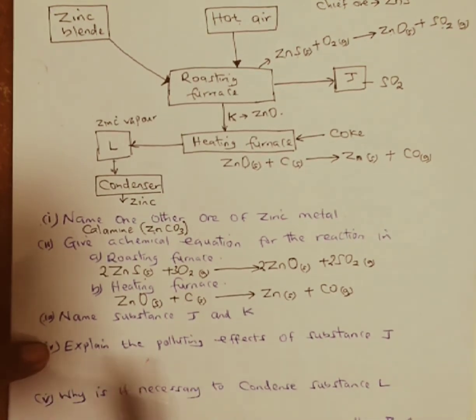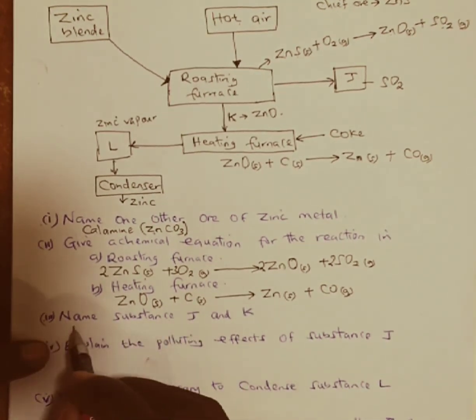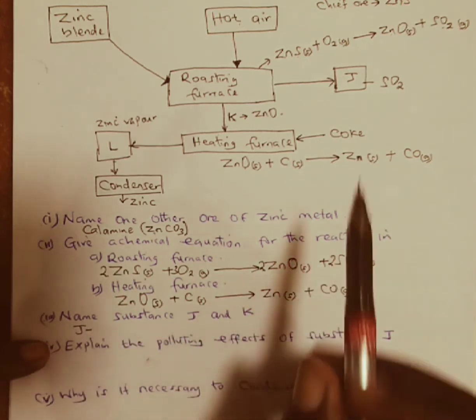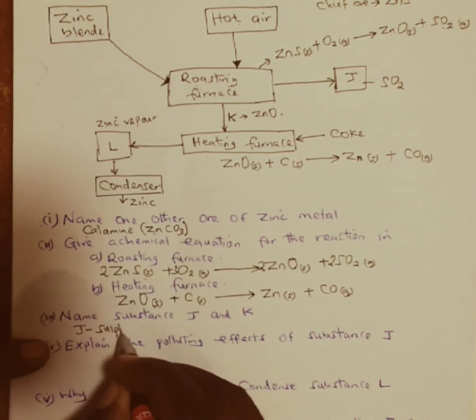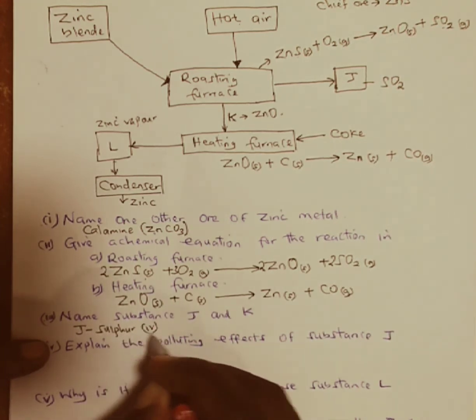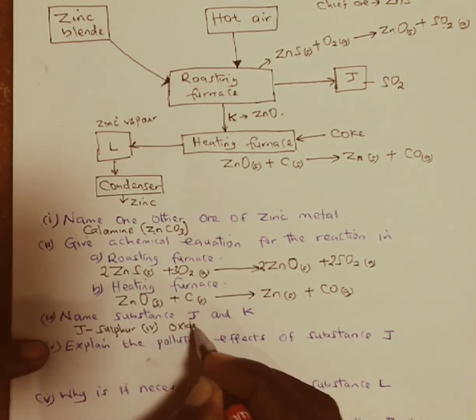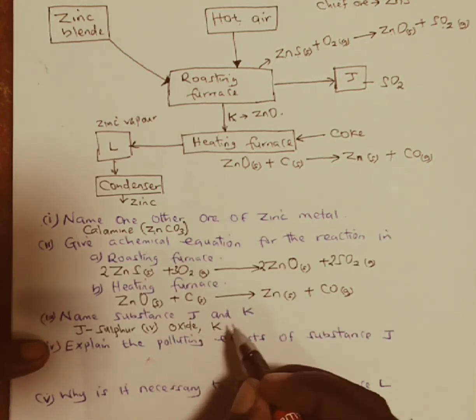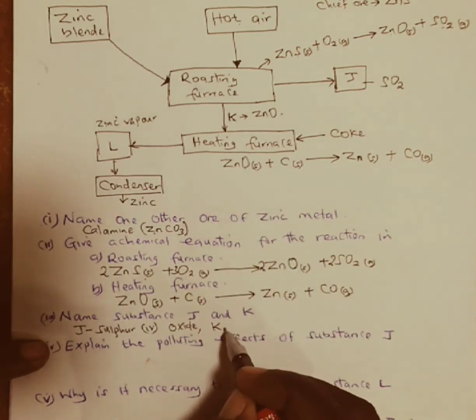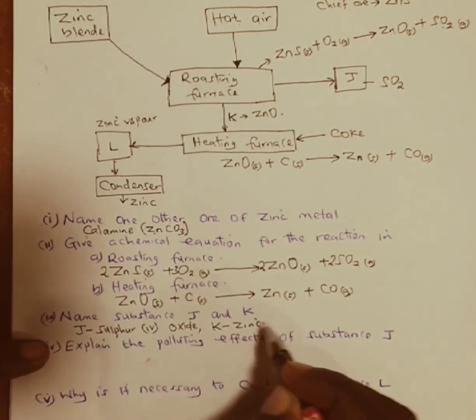So the next part, Roman 3, name substance J. We have already established that J is sulfur 4 oxide. Then K is zinc oxide.